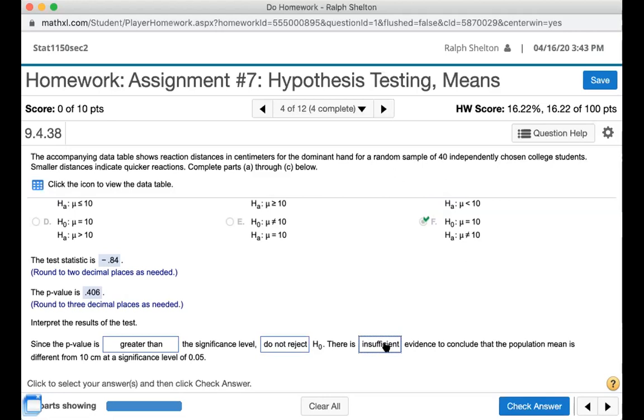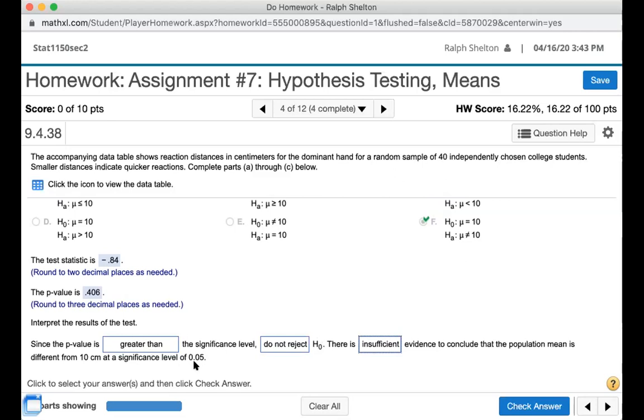There may be enough evidence to reject at a different, at say a 90%, it might be rejected at 90% and not be rejected at 95, and then it would not be rejected at 99. So it depends on your confidence level.